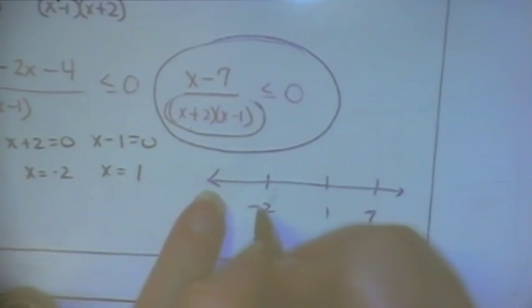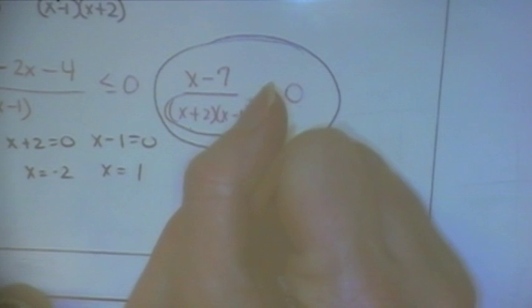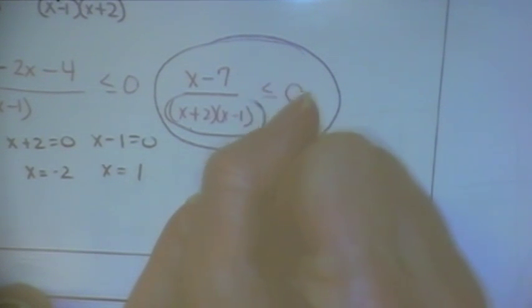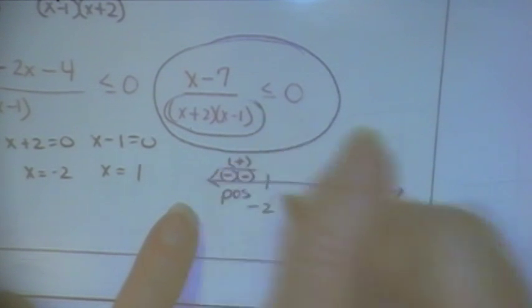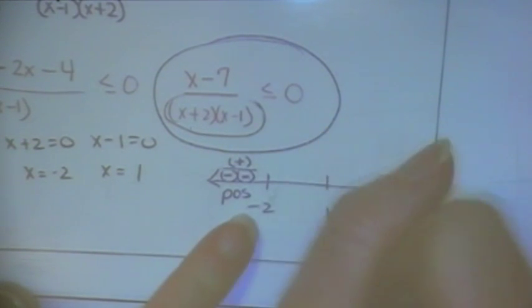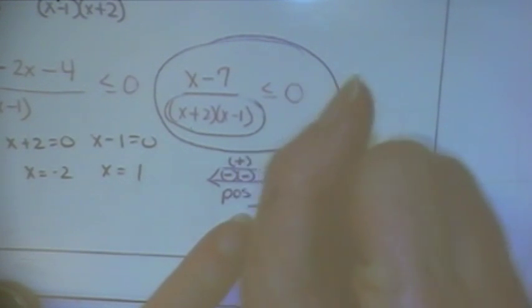Alright, so I'm going to go negative 4 here. That would make the top piece negative. I don't know why I chose 4, but I just did. That would make this one negative, and this one negative. Well, negative over negative is a positive, so this whole piece is positive. Between negative 2 and 1 is a 0. If I plug in 0, the top piece is negative.